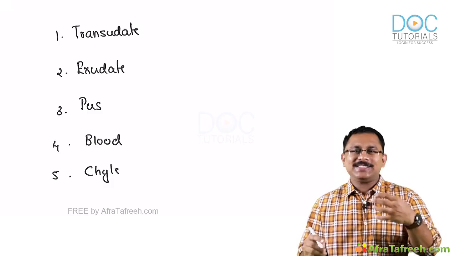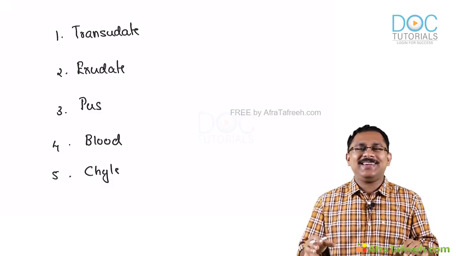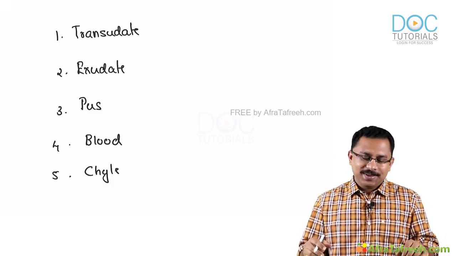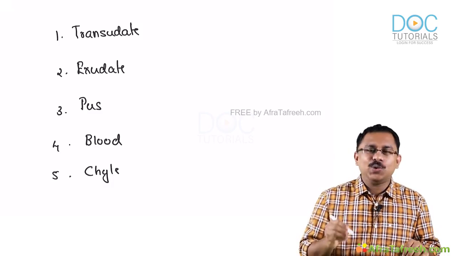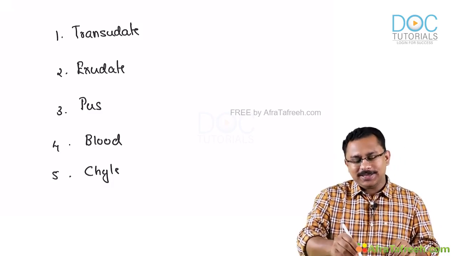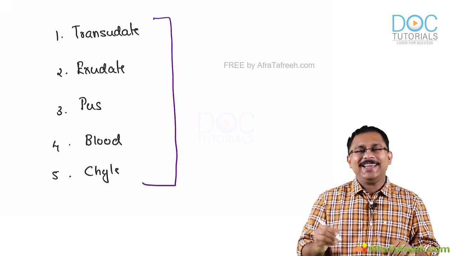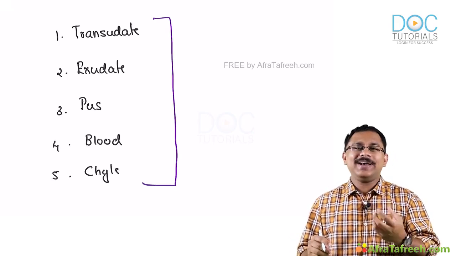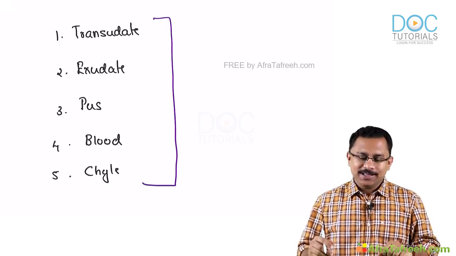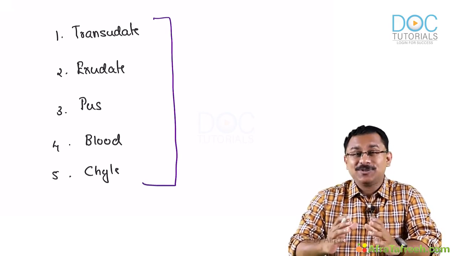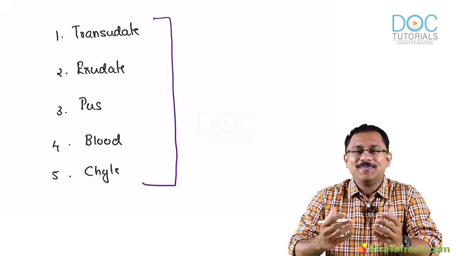All these types may be there in the pleural cavity, and what we are going to do in this module is start off with learning the different types of pleural fluid accumulation, that is, abnormal accumulation.